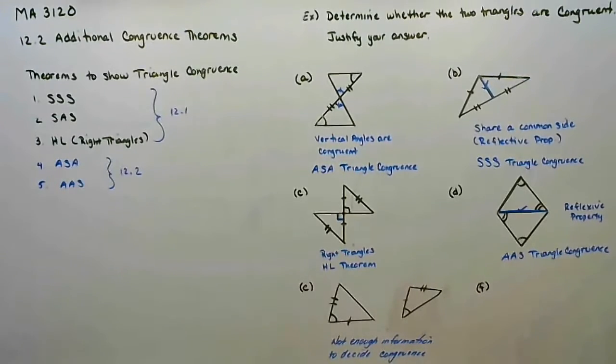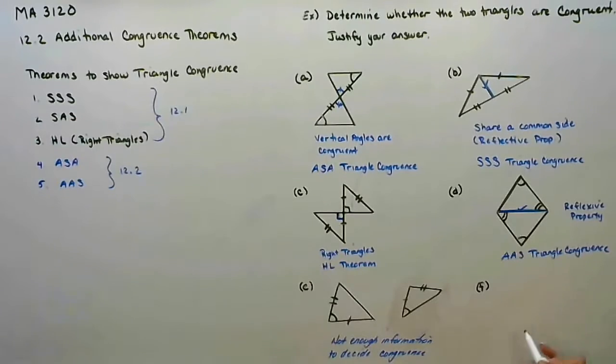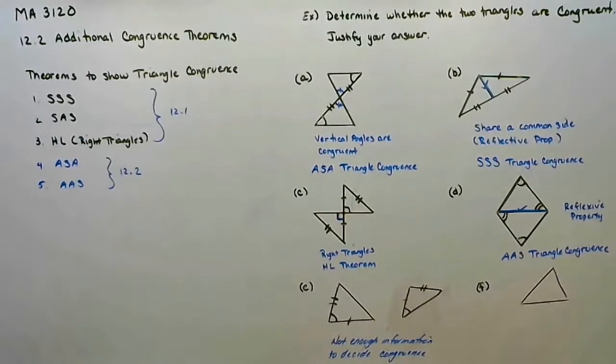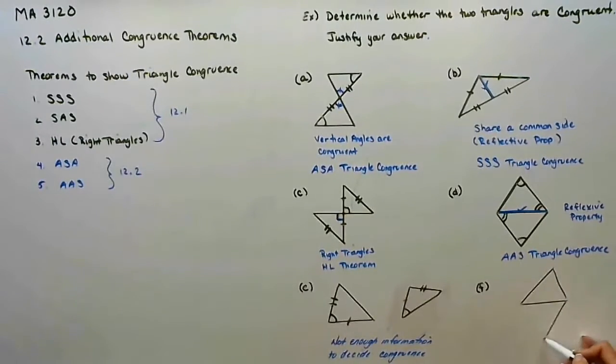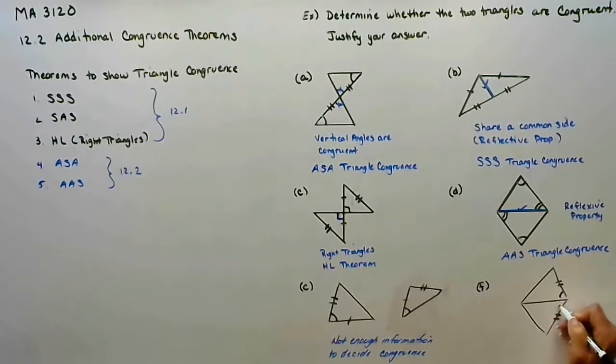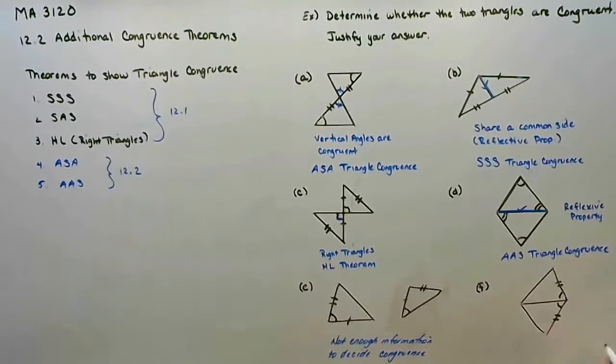And then the last one, and I'm going to sketch it again freehand. Side, and we are given this side is congruent to this side. We are given this angle is congruent to this angle.